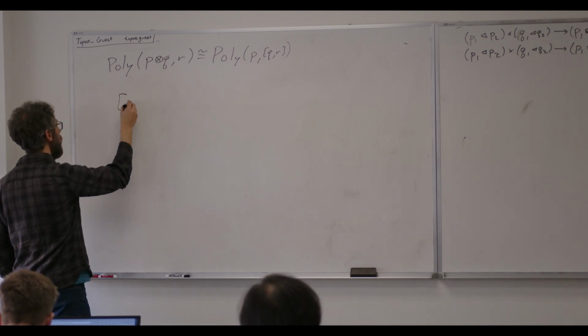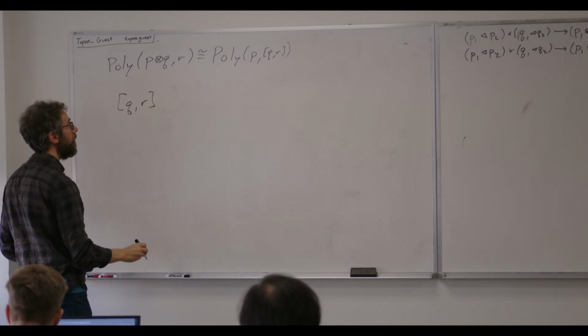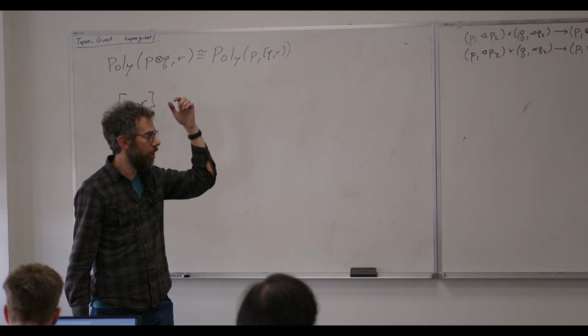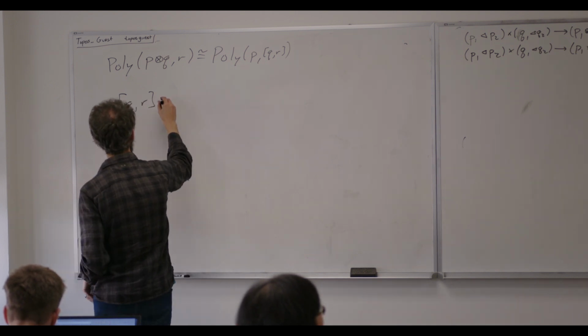So QR is a polynomial. I already gave you the formula, but let's write it anyway.